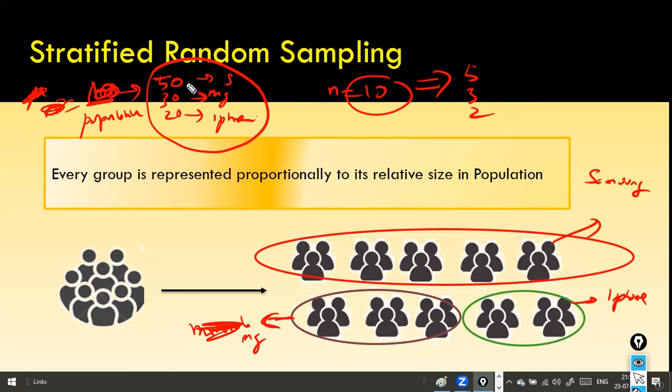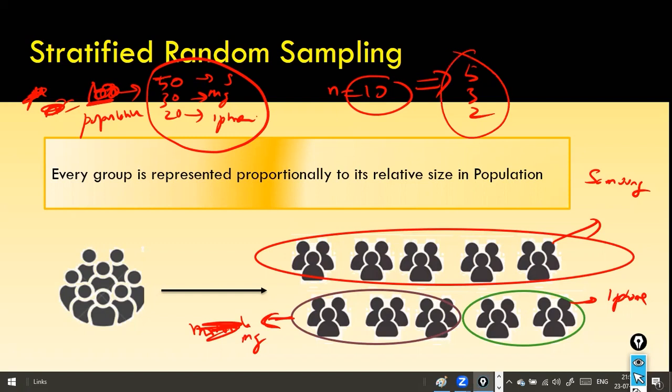Here 5:3:2. That is how we need to draw the sample. The sample size should be proportional to your population size. That is what is called stratified random sampling.